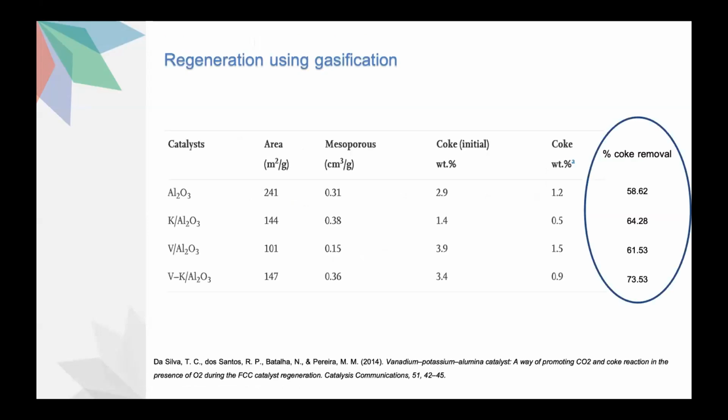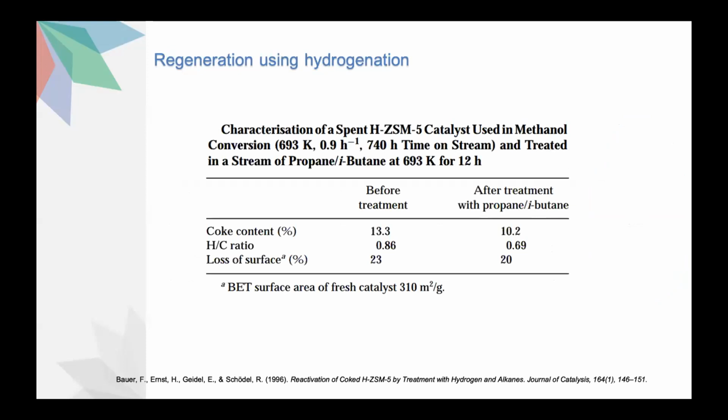Next, regeneration using gasification. In this paper, they compare the coke removal of the catalysts. The vanadium, potassium, alumina catalyst has the highest coke removal, equal to 73.53, and the lowest coke removal is the alumina catalyst, equal to 58.62. And the last is regeneration using hydrogenation.